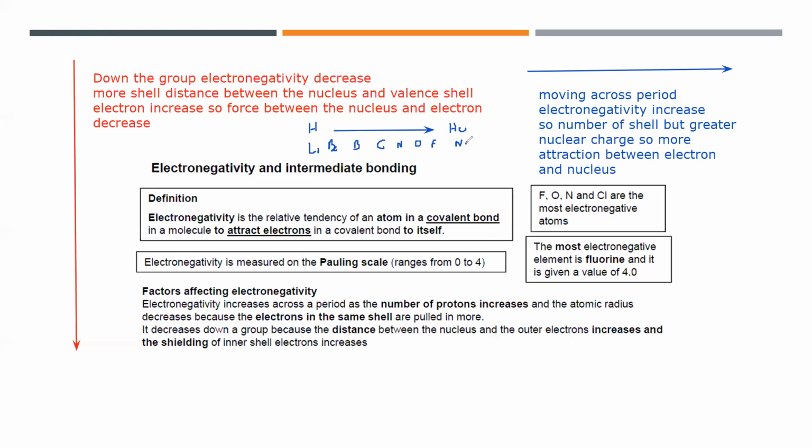But for group 8, we don't consider them because they're not forming a bond. So which one among lithium, beryllium, boron, carbon, nitrogen, and fluorine do you think will have the highest electronegativity?